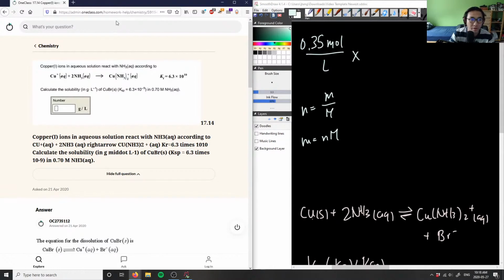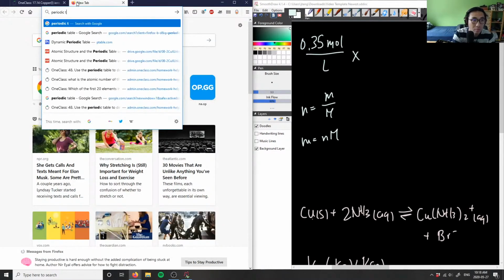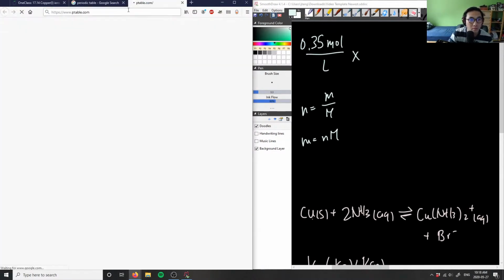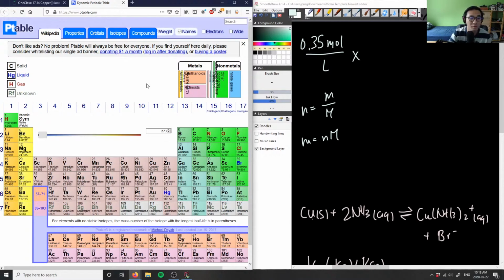So I'm going to take out my periodic table actually and solve for that for you. Because again, our end goal was solving for the solubility of our copper bromide. So that's what we're doing here. So it's 63.546 plus our bromide atomic mass, which is 79.904.